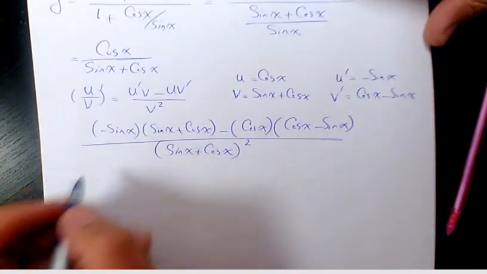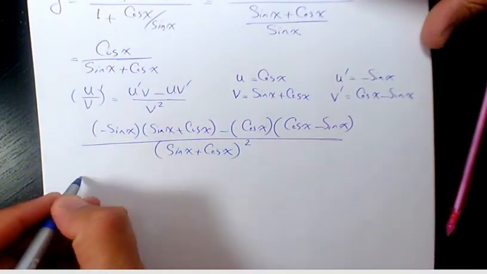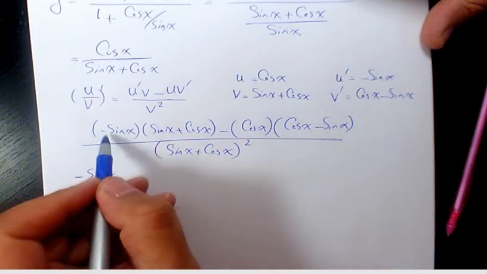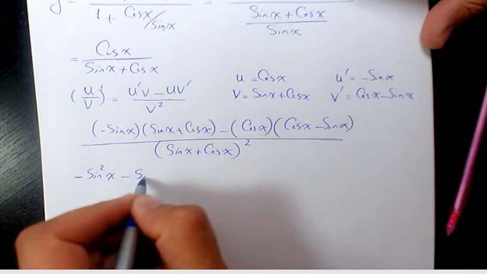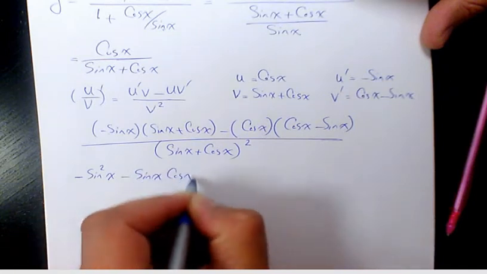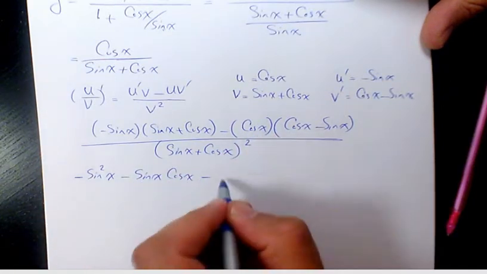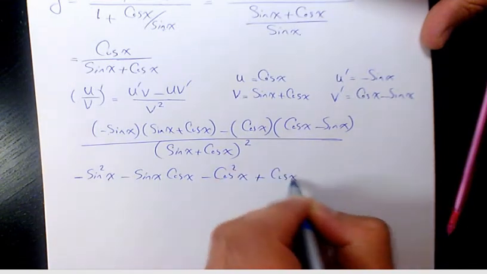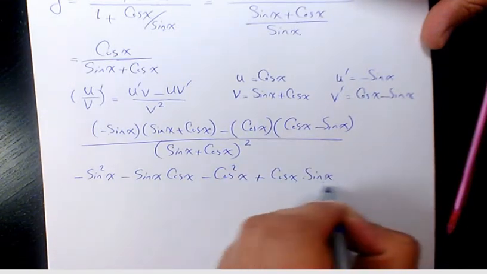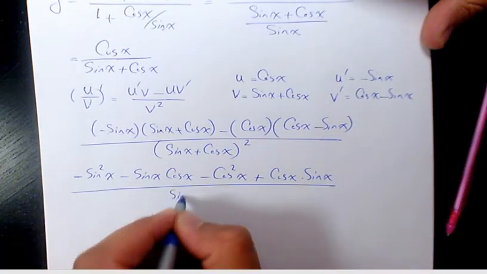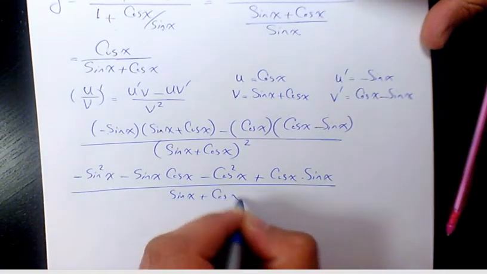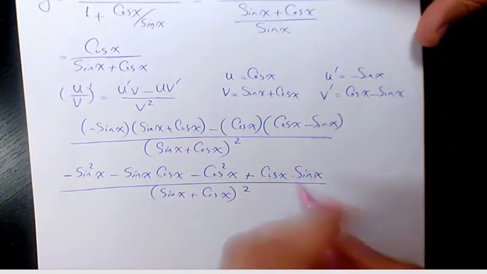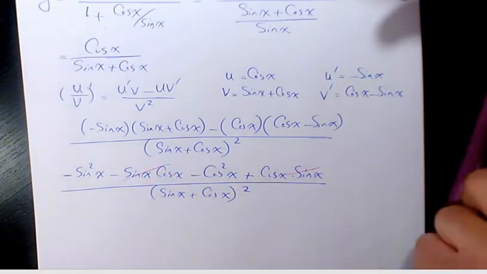Now let's simplify the numerator. Negative sine times sine is going to be negative sine squared. Negative sine times cosine, negative sine x cosine x. Here, negative cosine squared x plus cosine x sine x, over sine x plus cosine x to the power of 2. Now this one and this one cancel out.